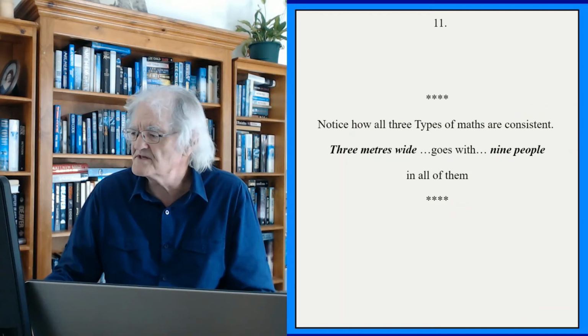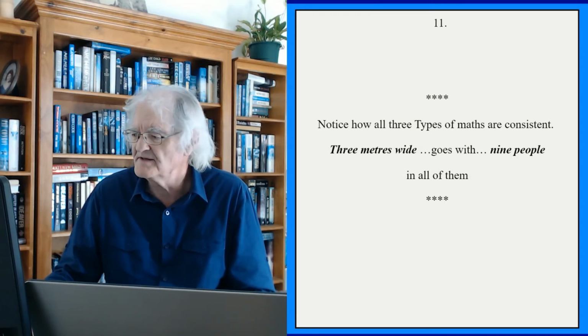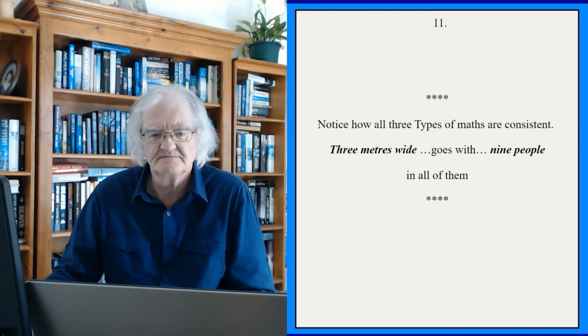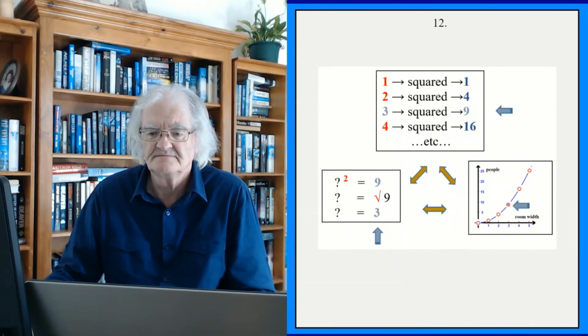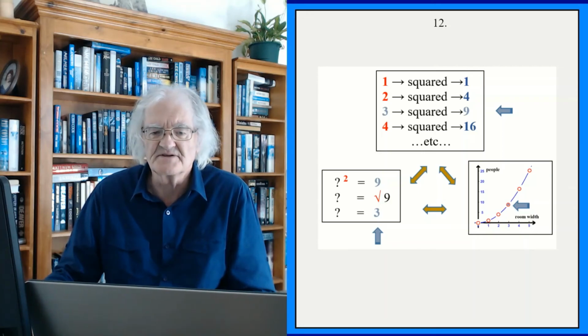Notice how all three types of maths are consistent. In all of them, 3 meters wide is associated with 9 people. And here's a diagram showing that consistency. Type 1 is our examples, and in it 3 squared is 9.